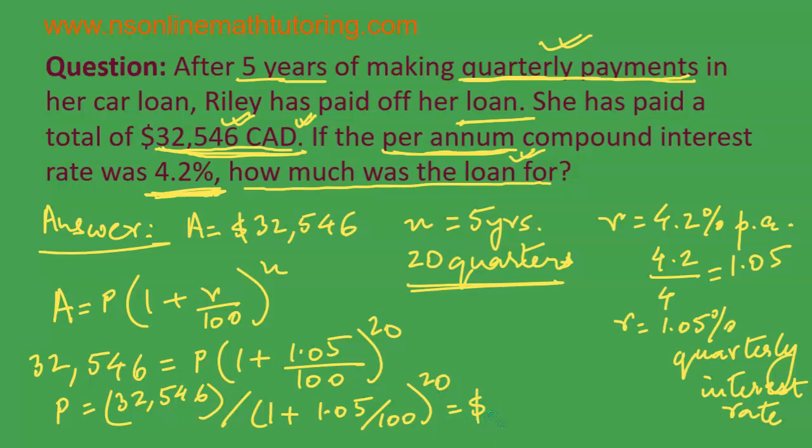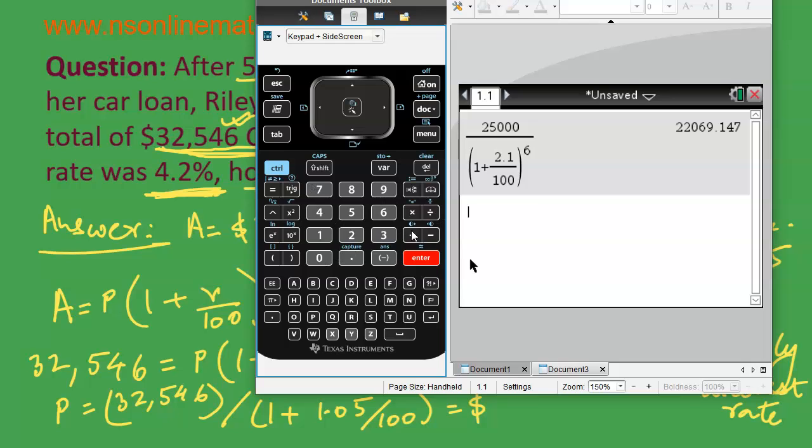Let us see what is this equal to. It is 32,546 divided by, not multiply, sorry, divided by 1 plus 1.05 divided by 100, and to the power of 20.